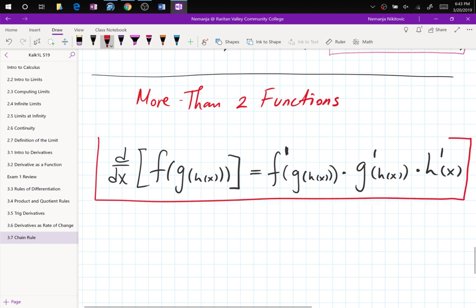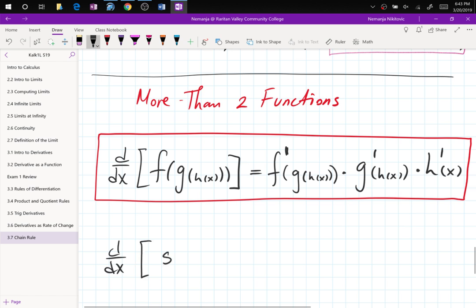If I put 5 functions nested, I will have 5 of these. The best example, the one that shows up most often, would be the derivative of sine squared of x cubed, let's say.